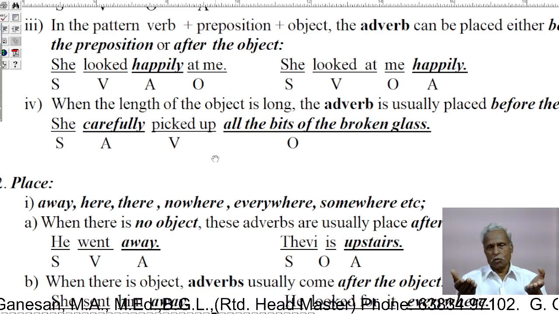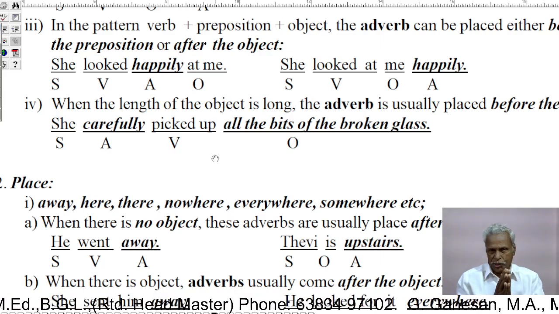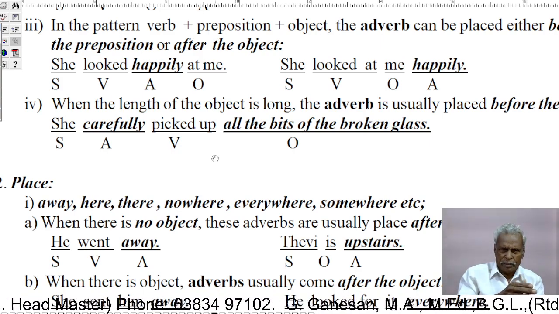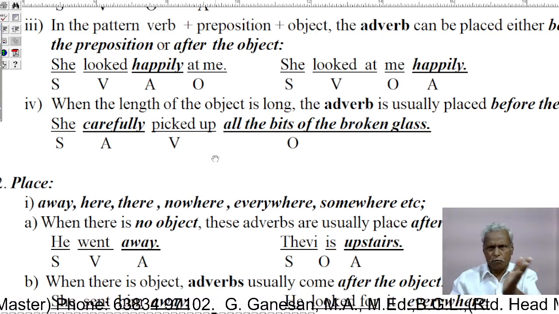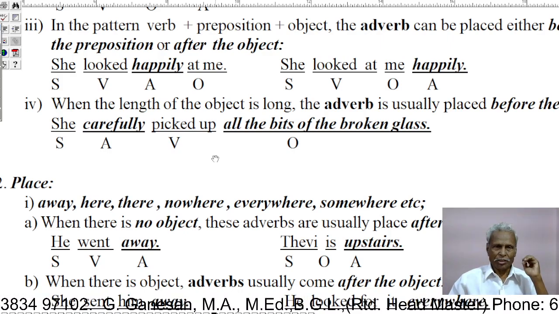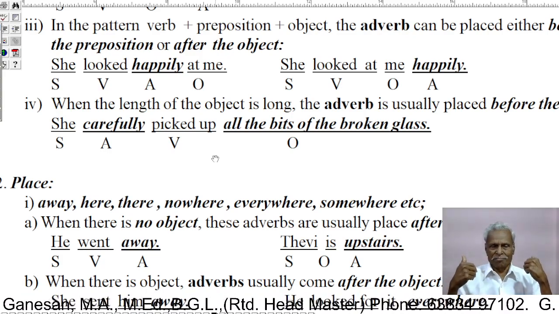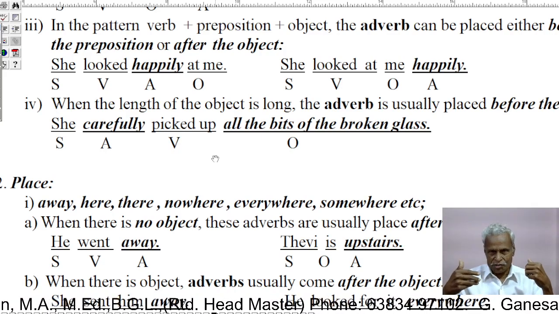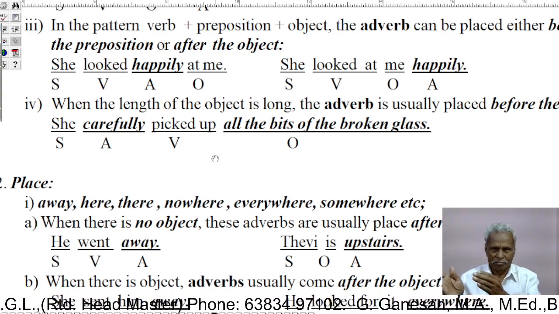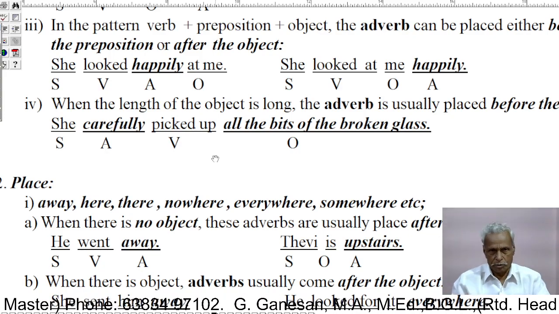So we use it as: she carefully picked up all the bits of the broken glass. Here I have to tell one thing. Even if we put the adverb carefully after the object, grammatically that is not wrong. But for easy understanding of the sentence, when the object is quite long, the adverb is normally used before the verb.